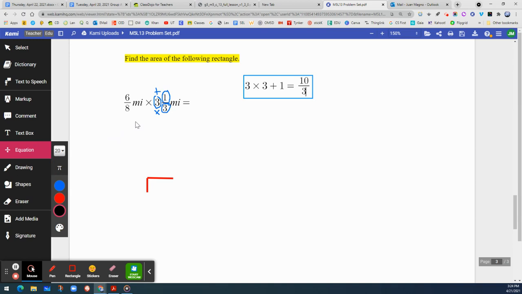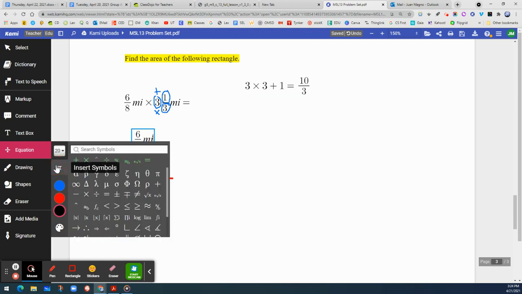Now we're going to rewrite the problem. We're going to write 6/8 mile times, now we write the improper fraction, 10 thirds miles, and that will be equal.